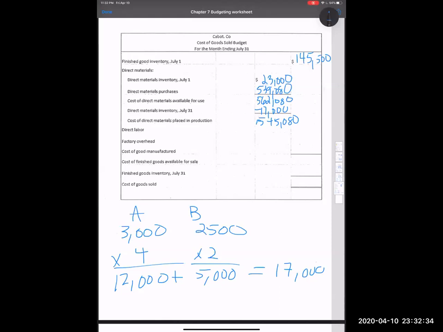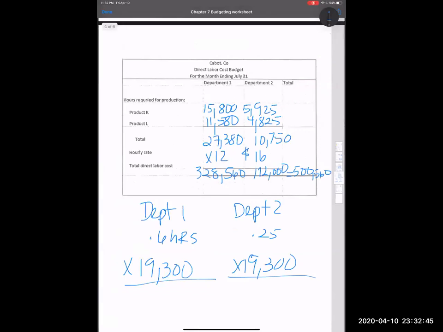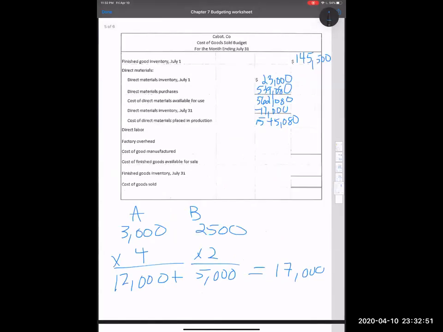All right, so direct materials is next on our list. Our direct labor, sorry, I said direct materials, sorry. The next on our list is our direct labor. And so we don't have to calculate that because we already did our direct labor cost budget and it came out to this number here. It was 500,560. So that's what we plug here, 500,560.